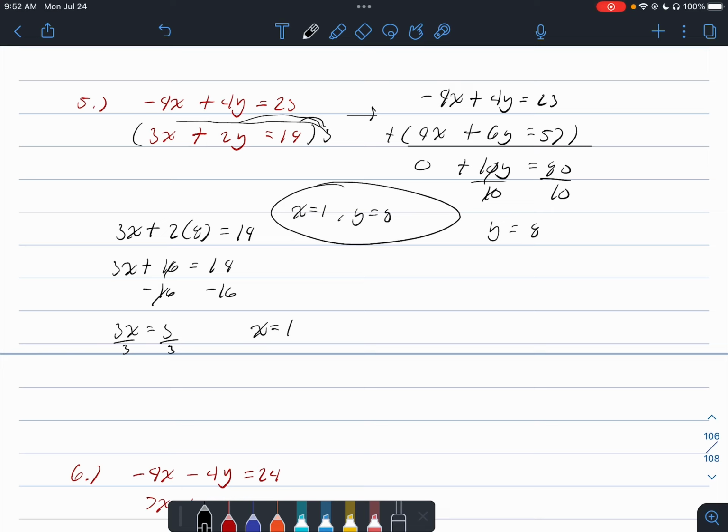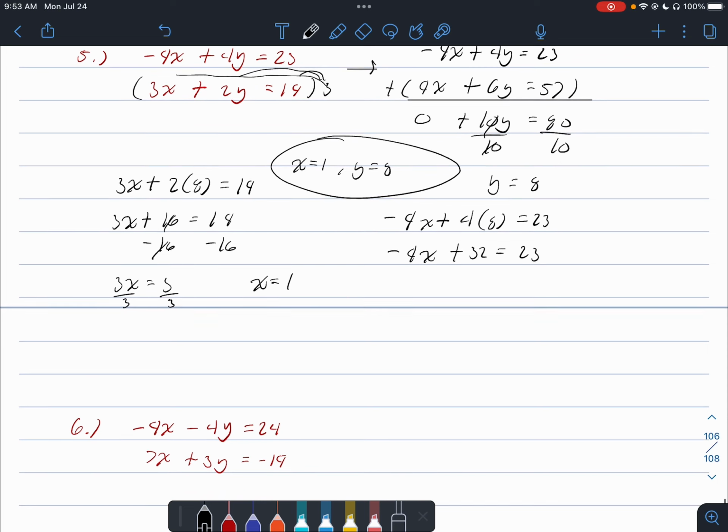the same result. So if we have negative 9x plus 4 times 8 equals 23, we'll have negative 9x plus 32 equals 23.